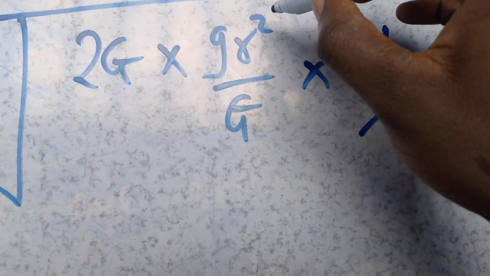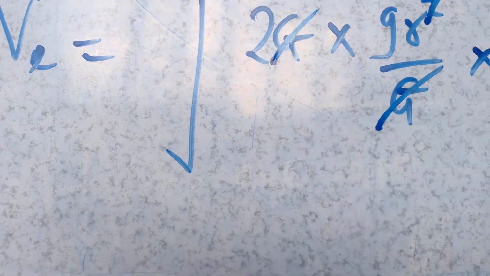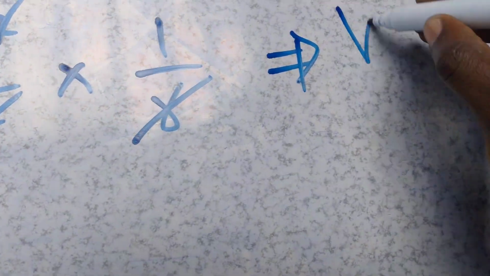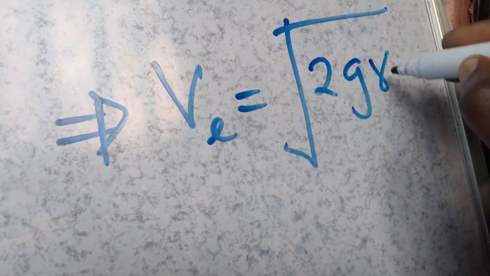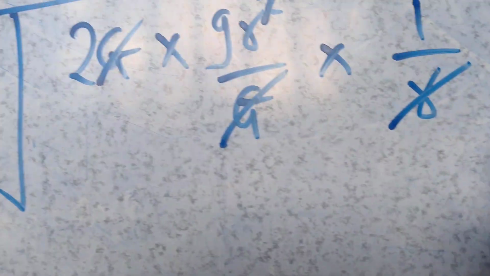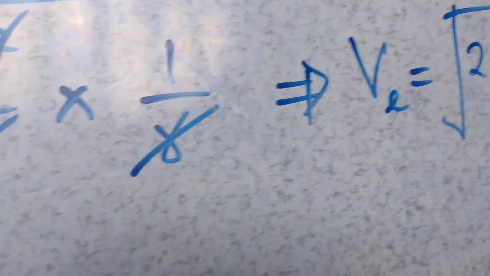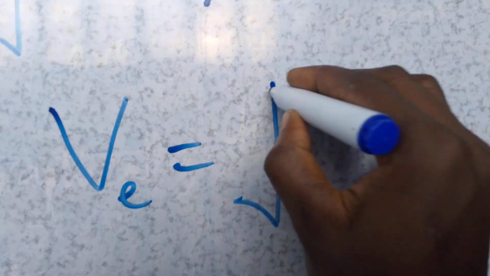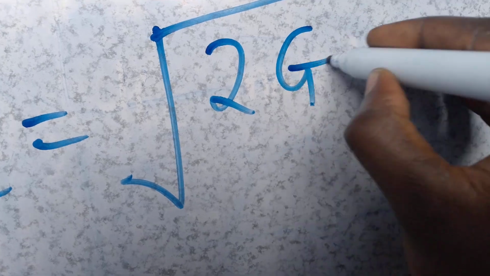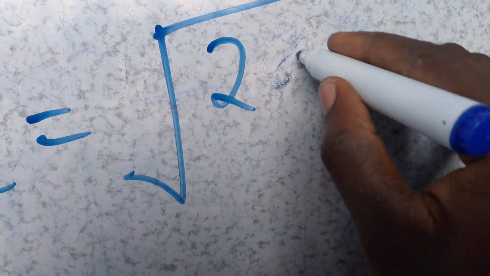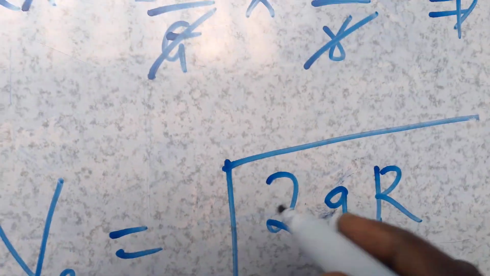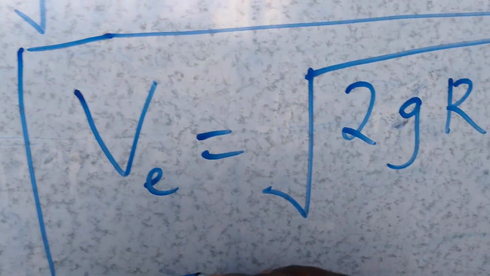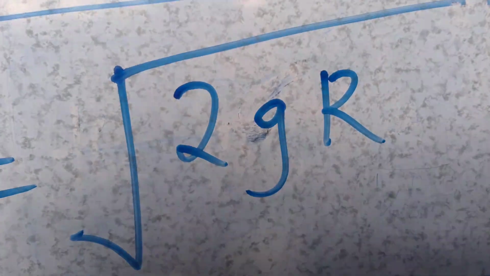This will eliminate one r, and G will cancel G. So I'll have that escape velocity is the square root of 2gr. Therefore, escape velocity will be the square root of 2g capital R. This is the second formula for my escape velocity.